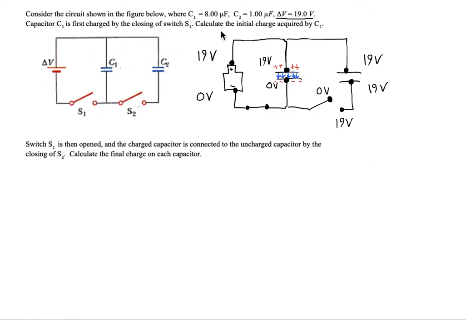All right, let's calculate the initial charge acquired by capacitor C1. So C1 has a capacitance of 8 microfarads.